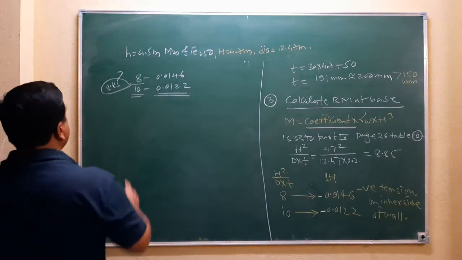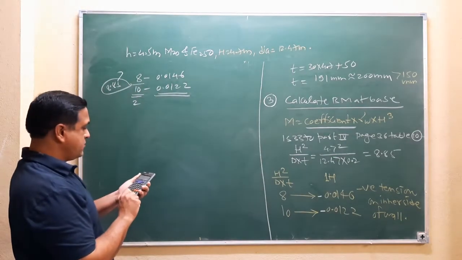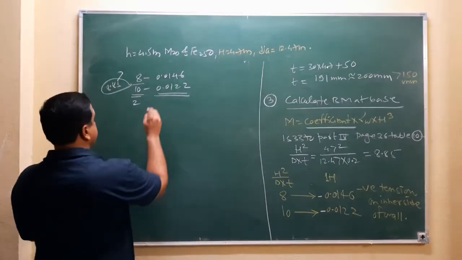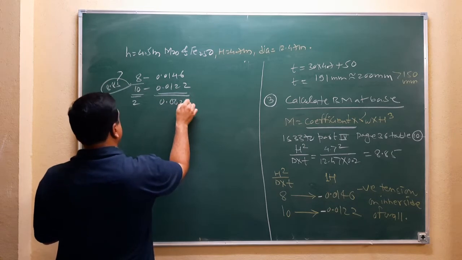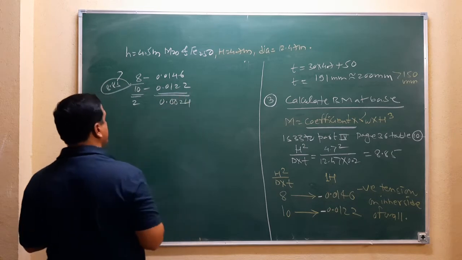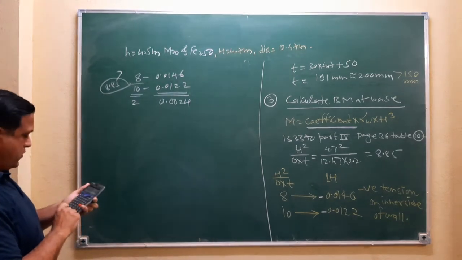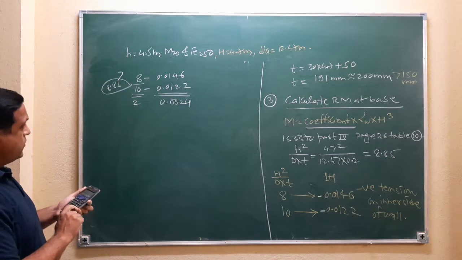I will do it. The main difference is 2. What is the difference? 0.0146 minus 0.0122 is 0.0024.